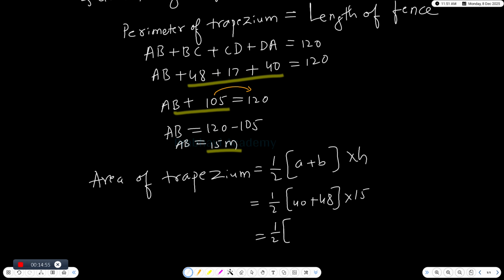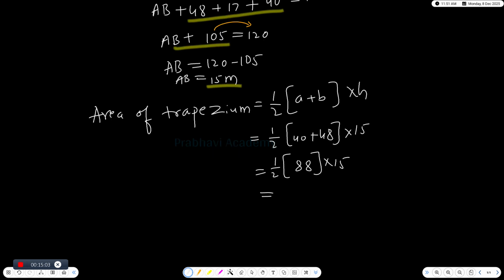Now half into 40 plus 48 is 88 into 15, and that is equal to, 2 ones are 2, 4 twos are 8, that is equal to 44 into 15. 44 into 15 is 660 meter square.